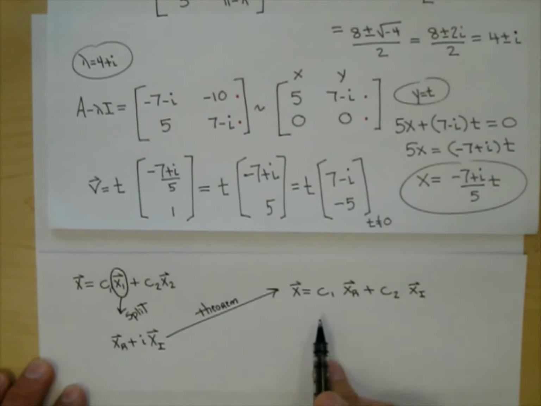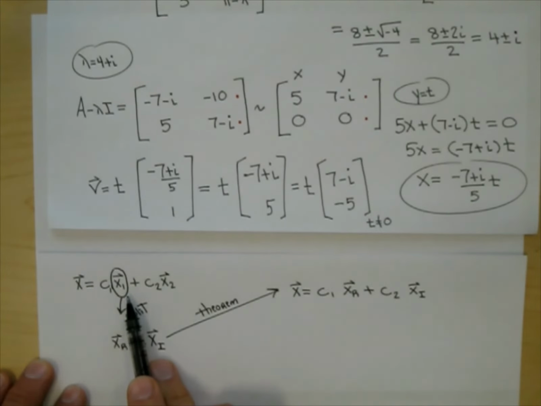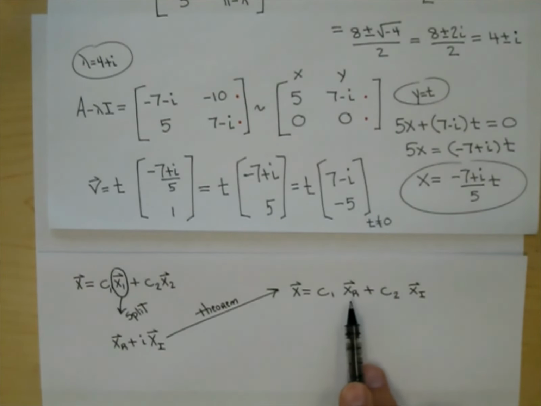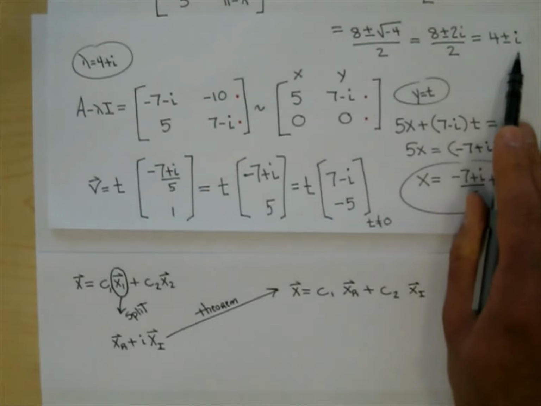This is just as good as the other, because remember, x1 bar and x2 bar are just two vectors in a vector space, and we've taken all linear combinations, and that gives us the subspace we're looking for. That subspace could have another basis, xr bar and xi bar, and you don't even have to mess with 4 minus I.